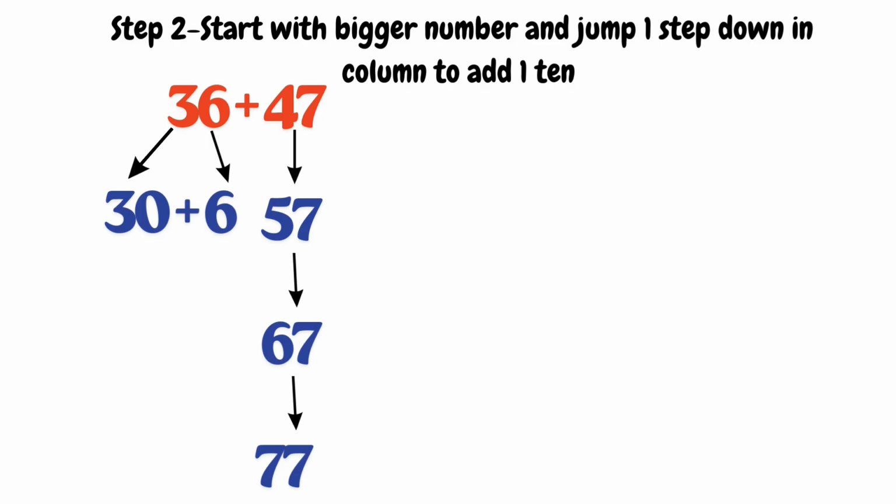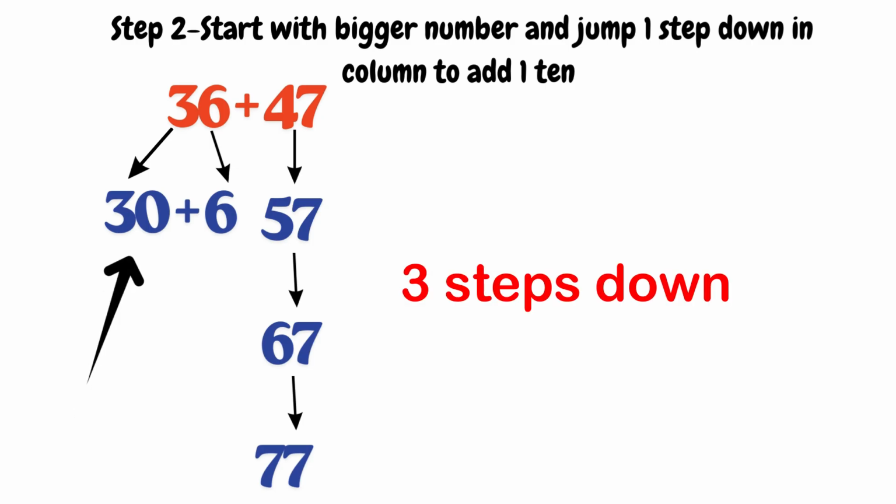Second step, start from the bigger number and add the tens by jumping down in a column, as we have seen. So start from the bigger number, that is 47 in this, and we need to jump 3 steps down because in 30 there are 3 tens.